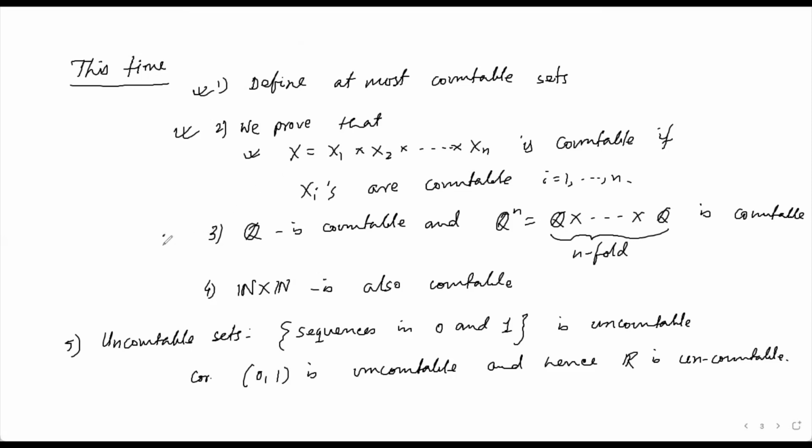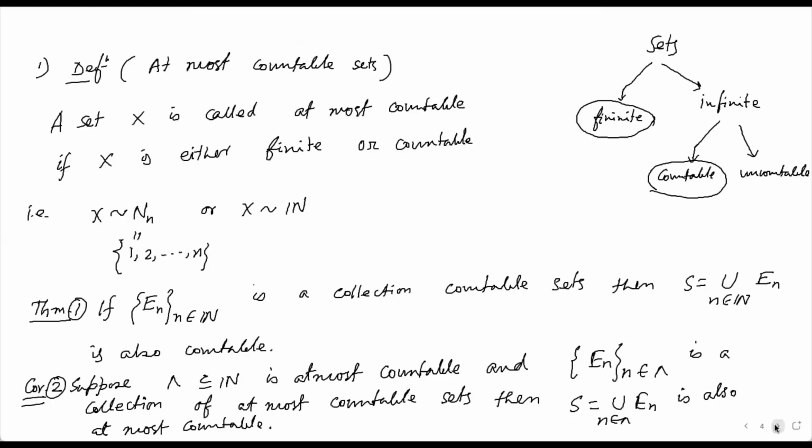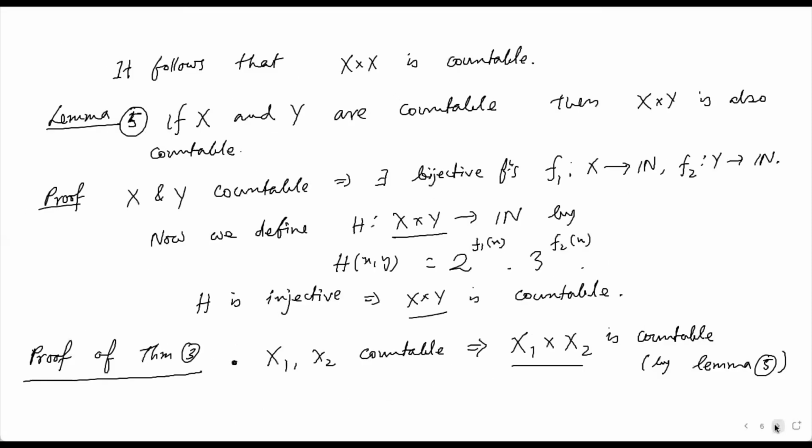We have also proved that Q is countable, hence Q power n, the n-fold Cartesian product of the set of rationals, is also countable, and that N cross N is also countable. Now we prove this result: the set of all sequences in 0 and 1 is uncountable.